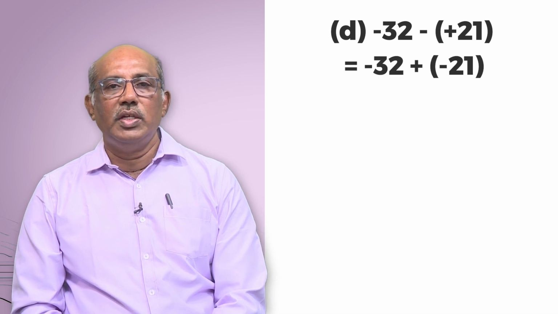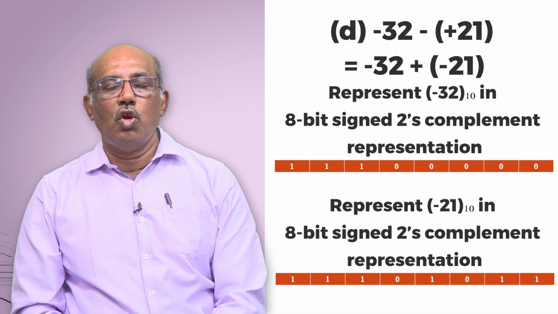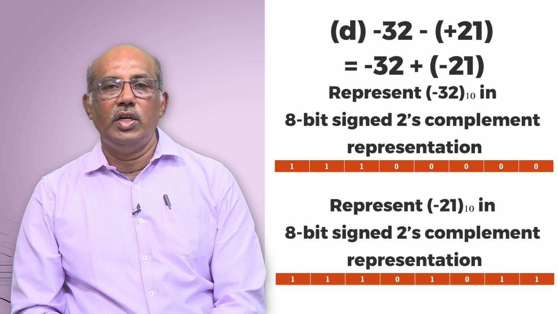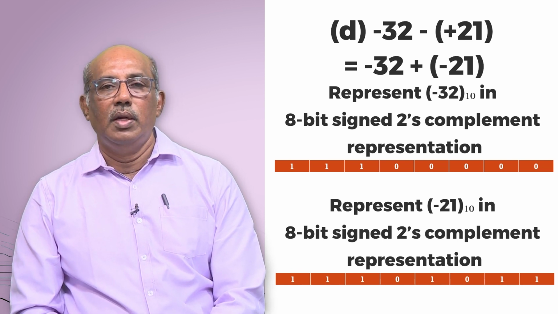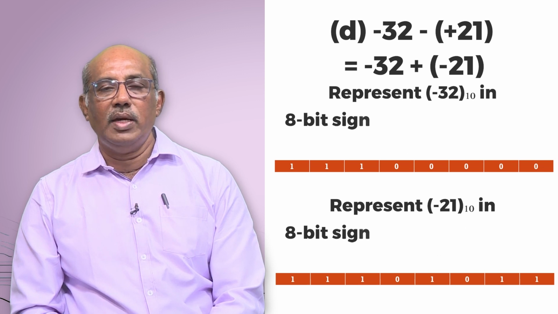The last is minus 32 minus plus 21. You can represent it as minus 32 plus within brackets minus 21. So, you take the 2's complement of the decimal number minus 32 and take the 2's complement of the decimal number minus 21, that is the subtrahend, and now you go for the addition.